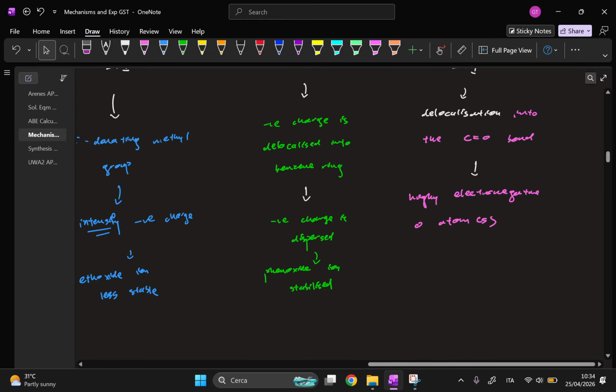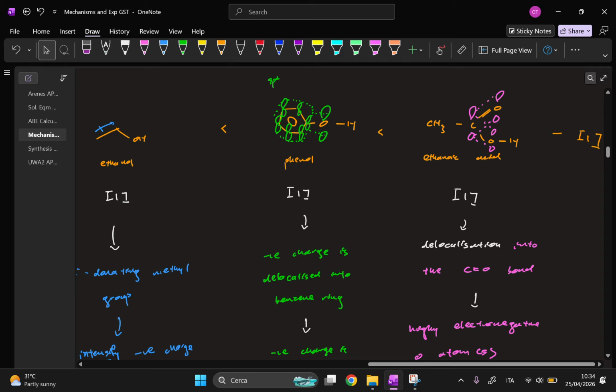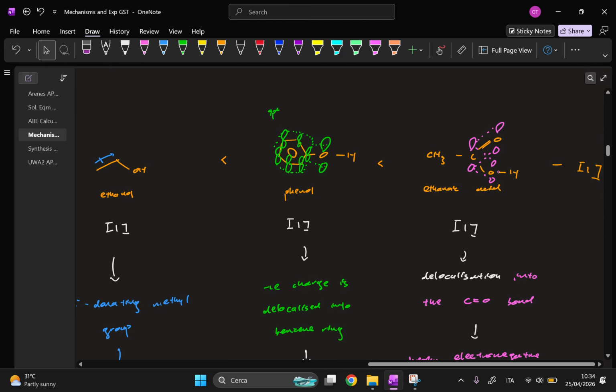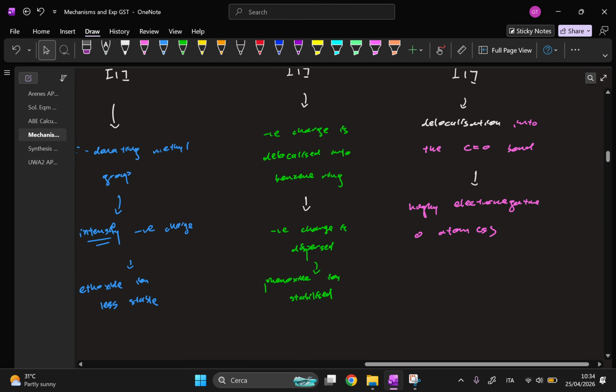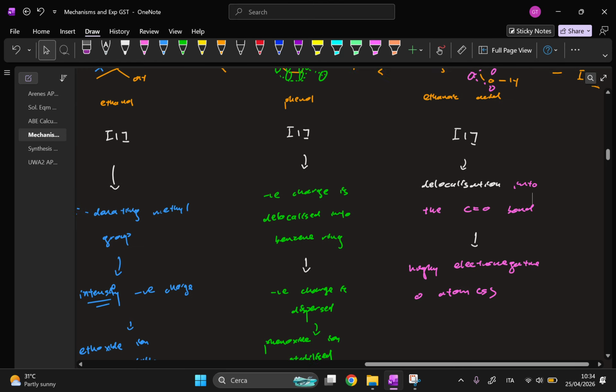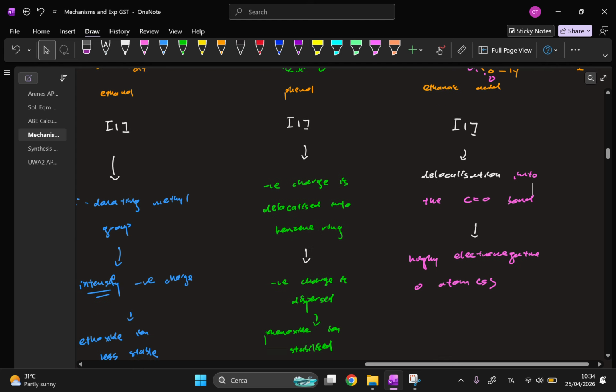I think this is why the notes prefer to have that phrasing, so that it's more concise. You don't need to repeat the same idea twice. So anyway, because it's delocalized across two highly electronegative oxygen atoms over the CO bond or the OCO framework, these highly electronegative atoms actually bear the charge better as compared to the carbon atoms in the benzene ring.